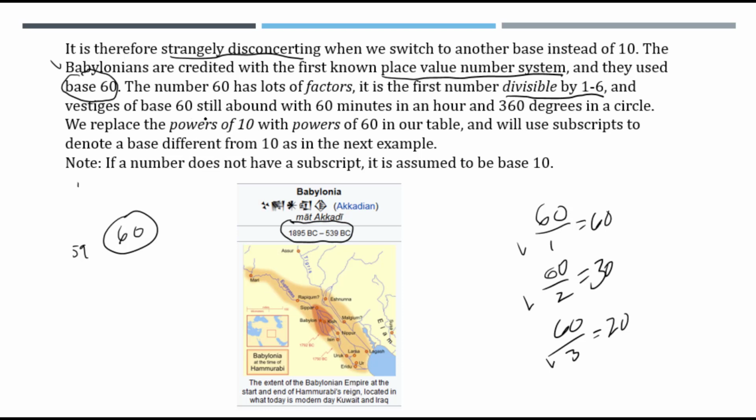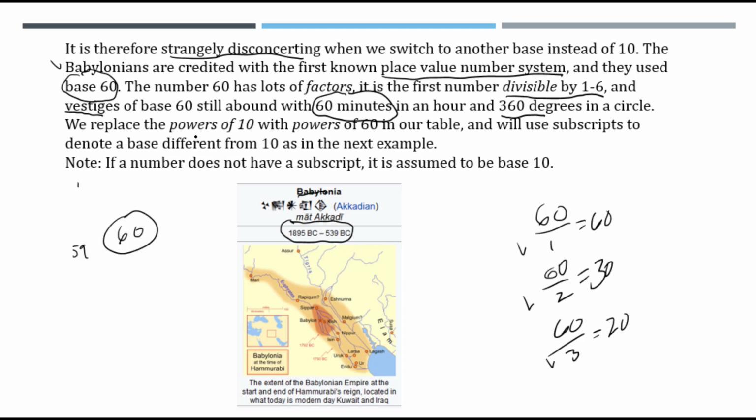Even today, there are vestiges, leftovers from this great empire and the system they built. For instance, there's 60 minutes in an hour, a leftover from the Babylonians. Likewise, there's 360 degrees, which is 6 times 60, in a circle.